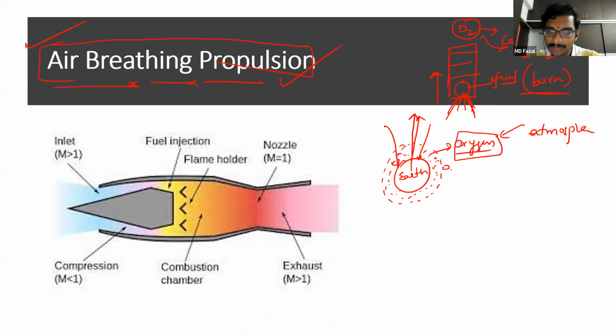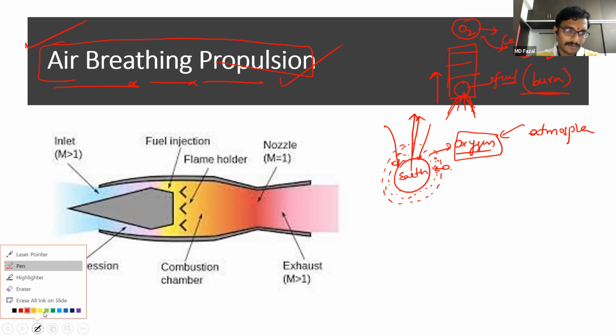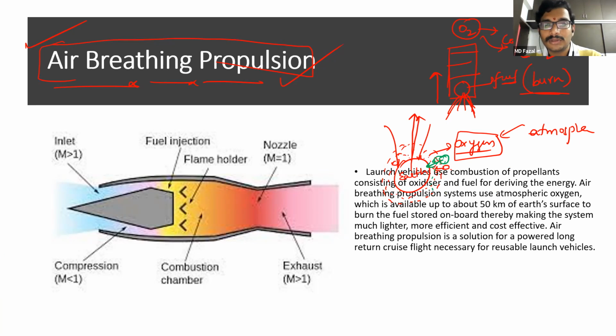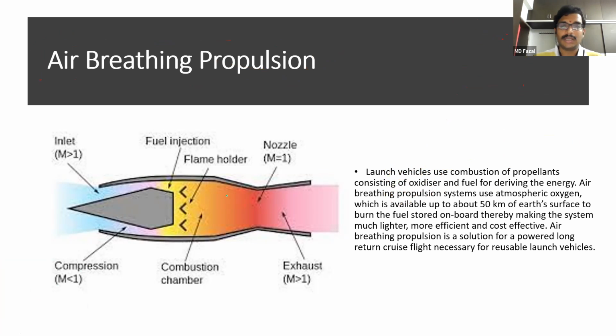When the capsule is returning, it can take the oxygen present in the atmosphere itself rather than carrying it. So that is the idea behind developing these kinds of engines.